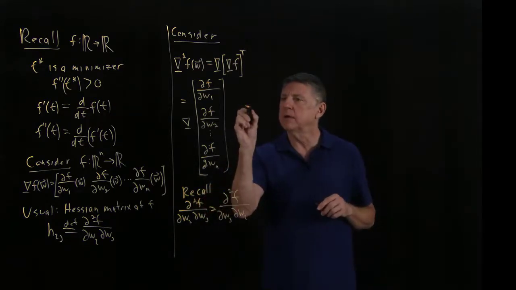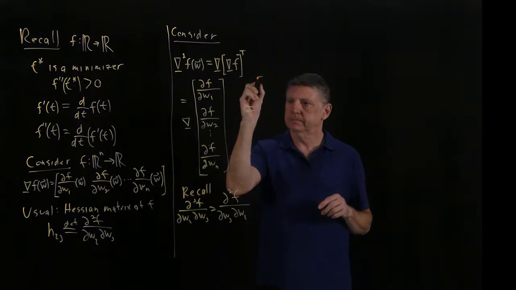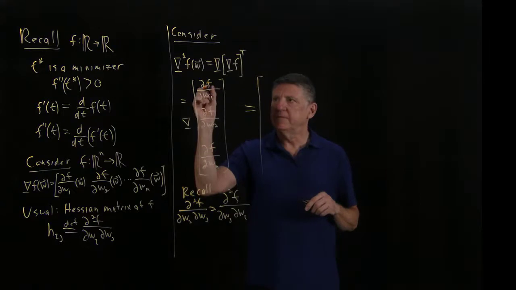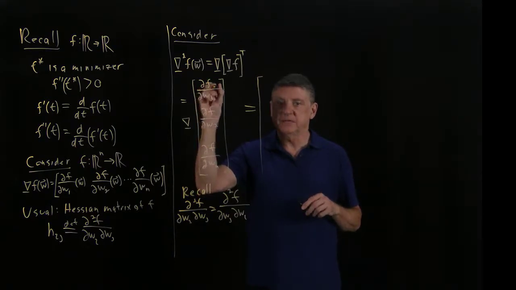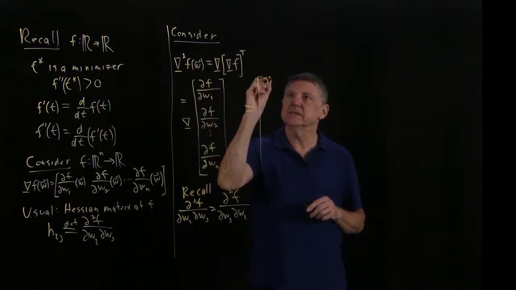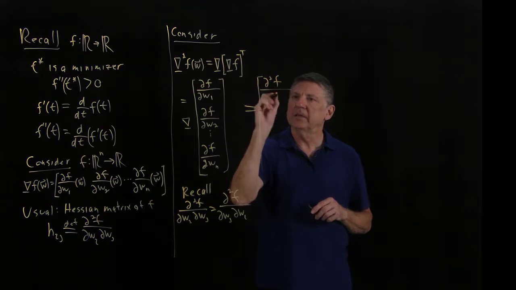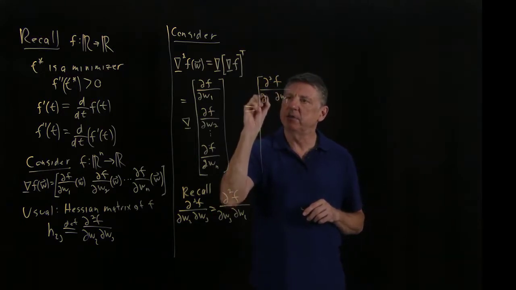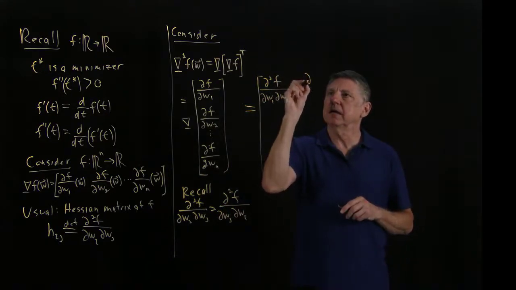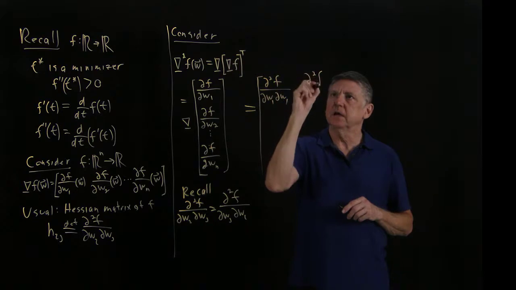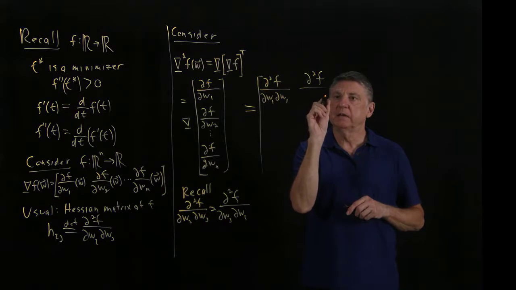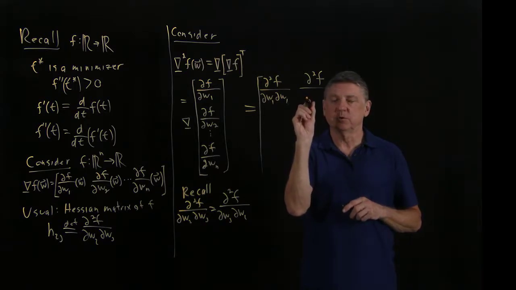So the way I'll write that is, let's start processing this. So if I take the gradient of this, so that this is a function, right? If I take the gradient of this with respect to 1, that is the second derivative of f. We take 1, and then we take that with respect to 1. The second entry of the gradient of the derivative would be, now I would normally write w1 here and then w2.